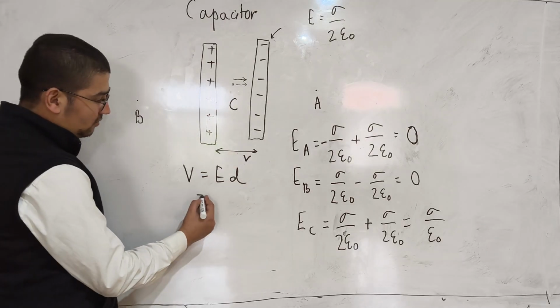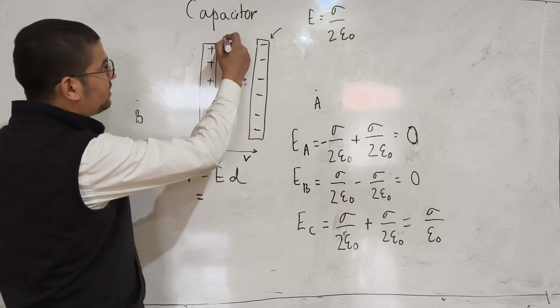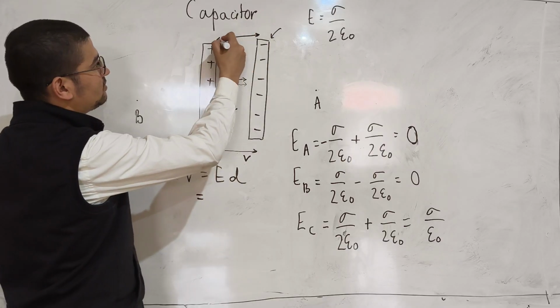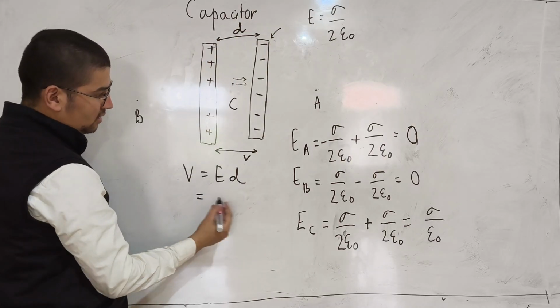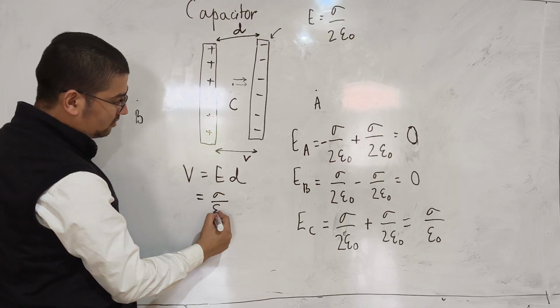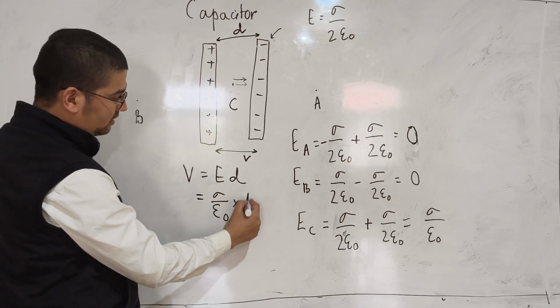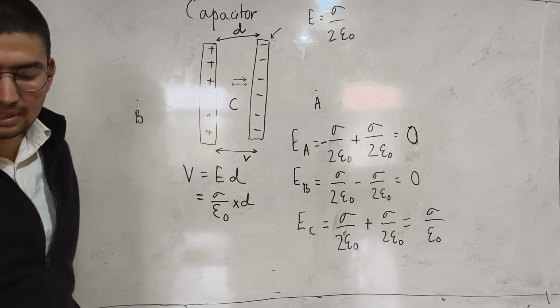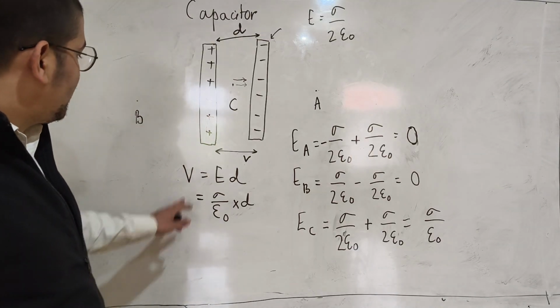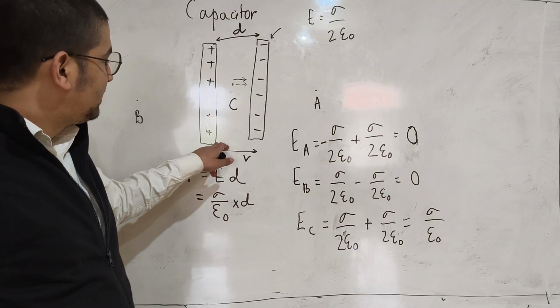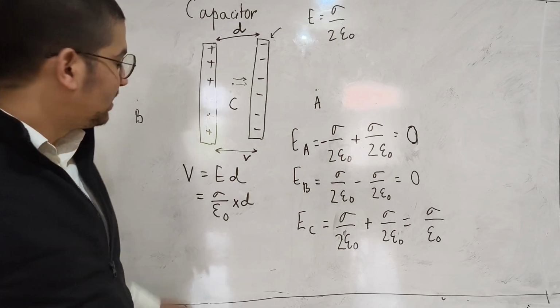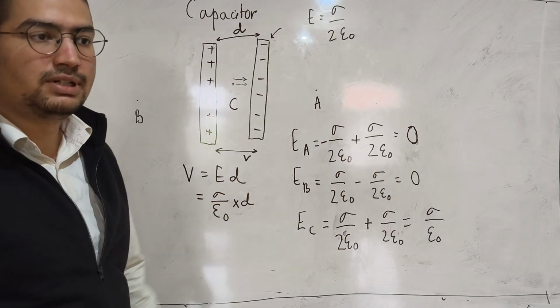Let's say D is the distance in between the plates. So E is sigma by epsilon naught, and we get V, the potential difference in between these plates, as sigma by epsilon naught times D.